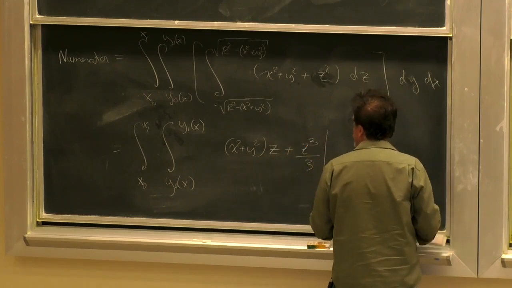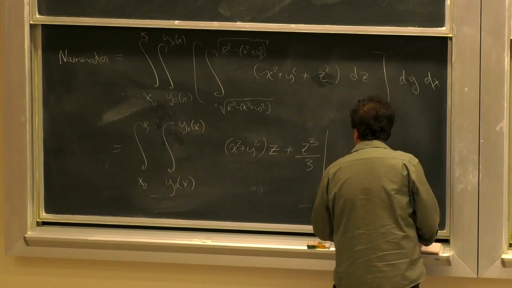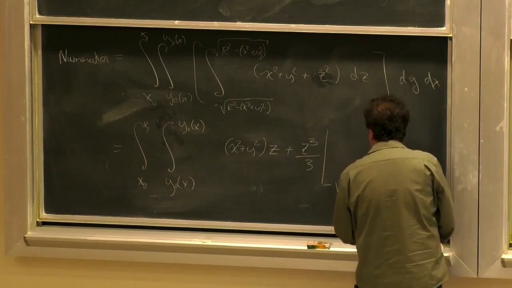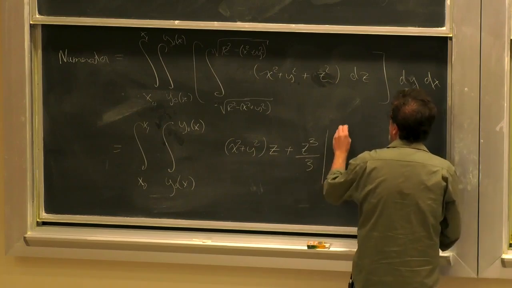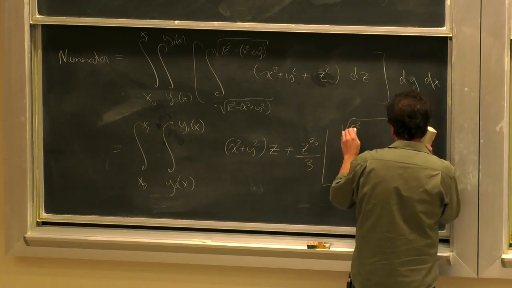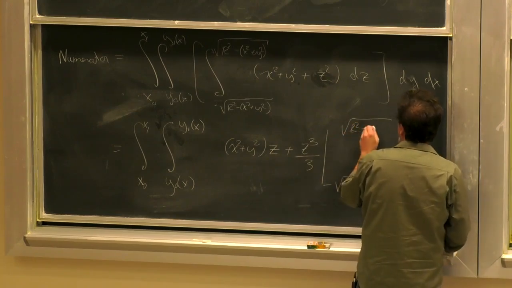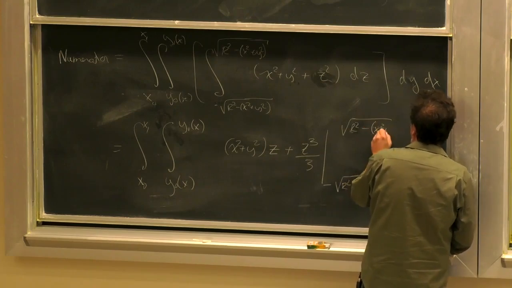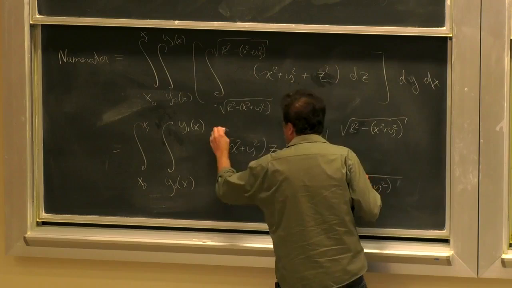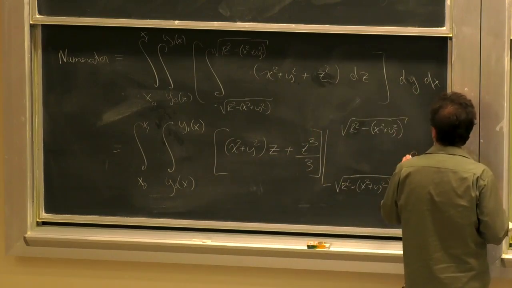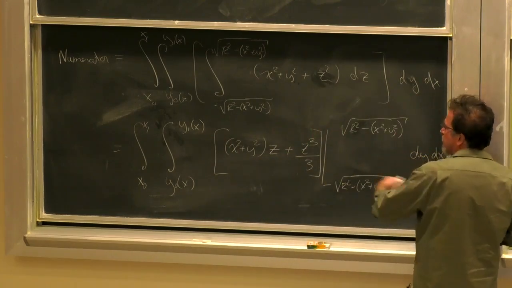And all of this has to be evaluated from negative square root of r squared minus x squared plus y squared to the positive square root of r squared minus x squared plus y squared. And then you have to do dy dx after that.